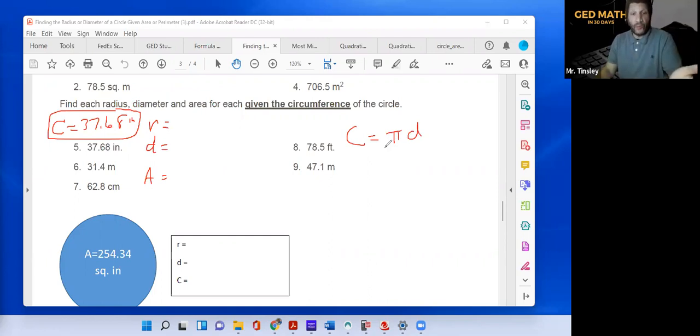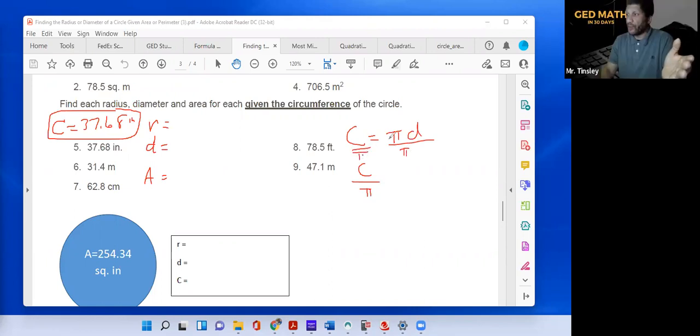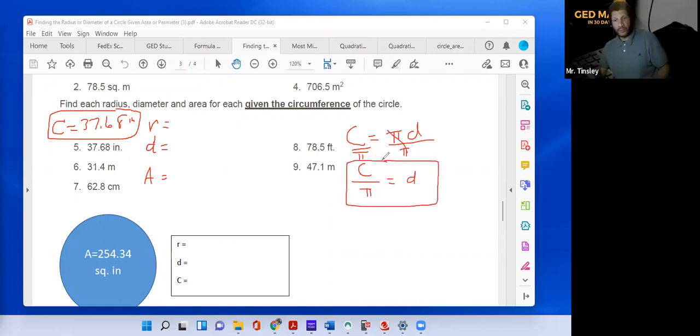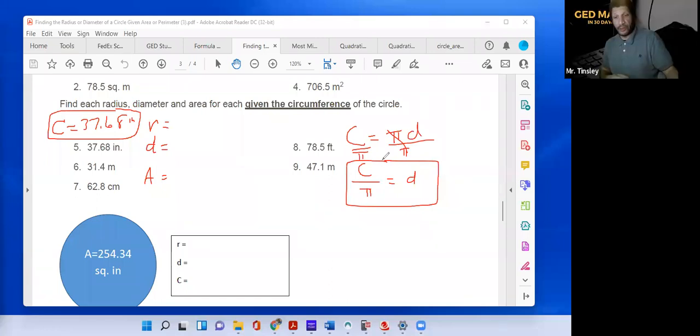All I have to do to find the diameter is divide the circumference by pi. Because if we divide by pi, and whatever we do on one side, we do on the other, the pi's cancel. So this is a formula that's not on your formula sheet, but this is the easiest way. If they give you the circumference, you divide by pi to get the diameter.